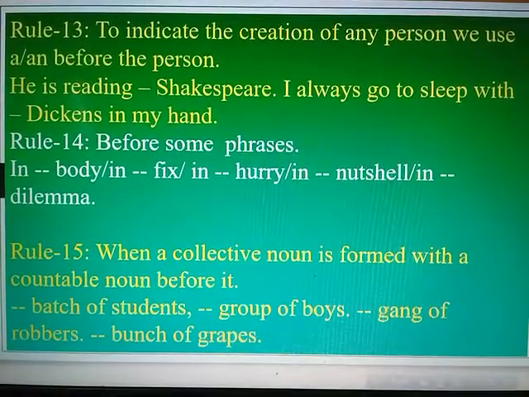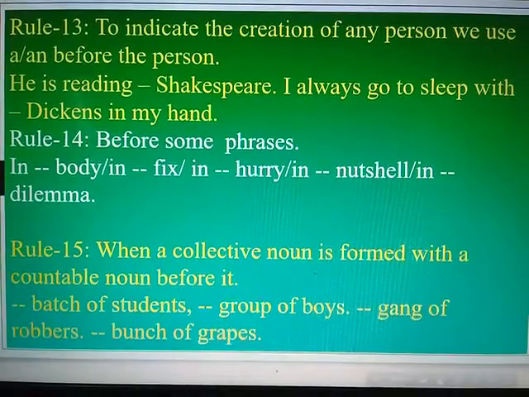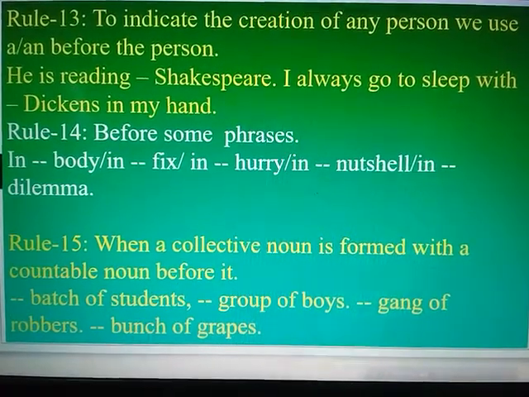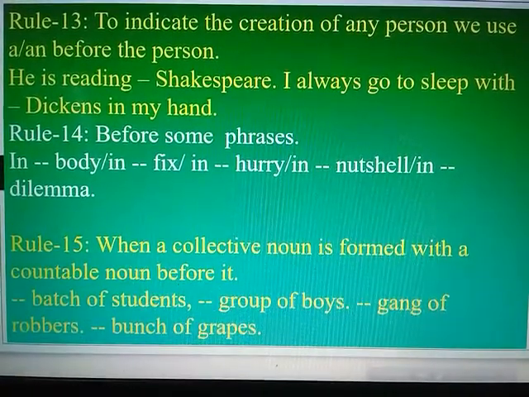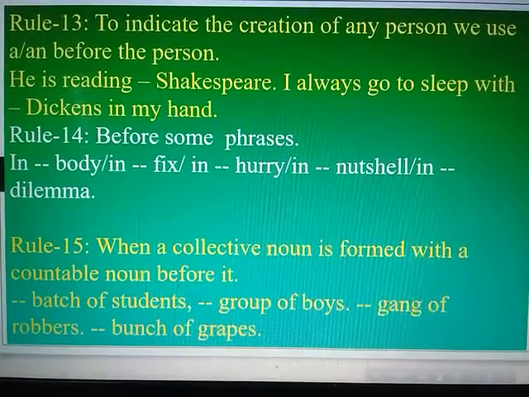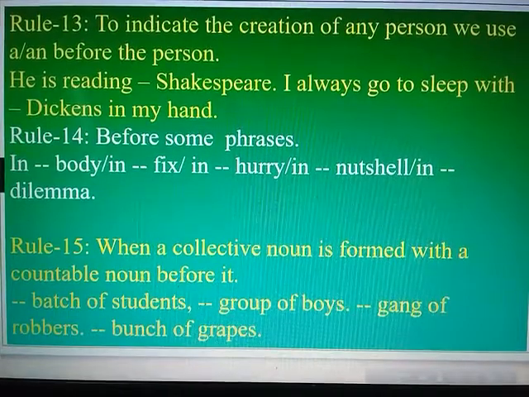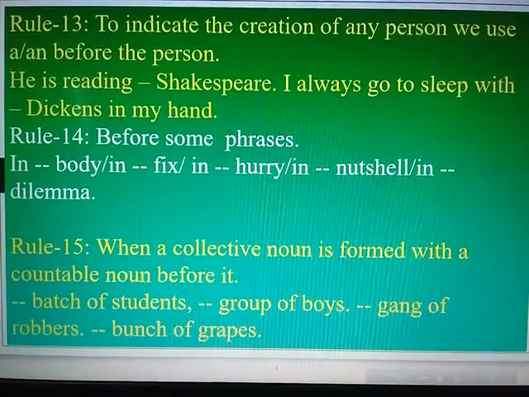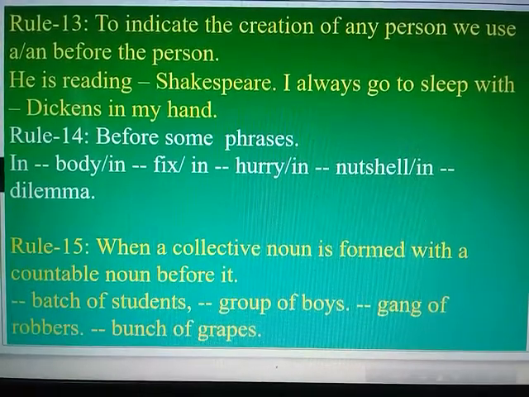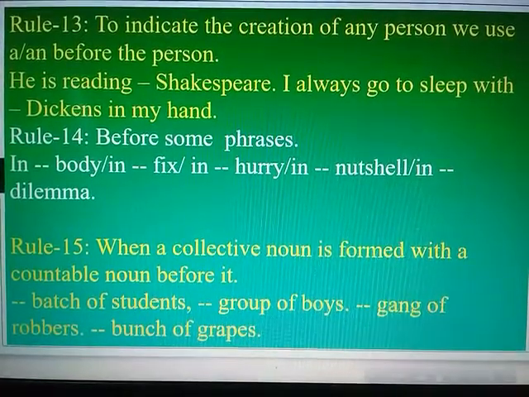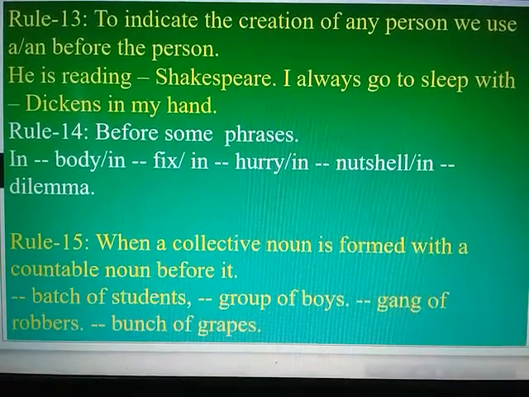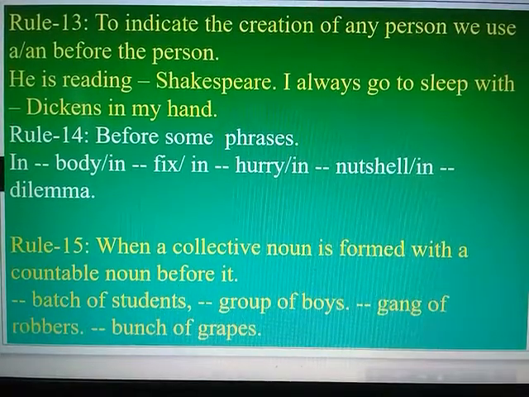Students is a countable common noun, but we form a collective noun with the word batch of, so we have to use a before it. A batch of students, a group of boys, a gang of rovers, a bunch of grapes. We have to use a before this type of collective noun.